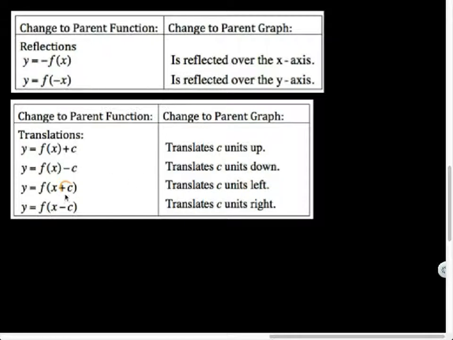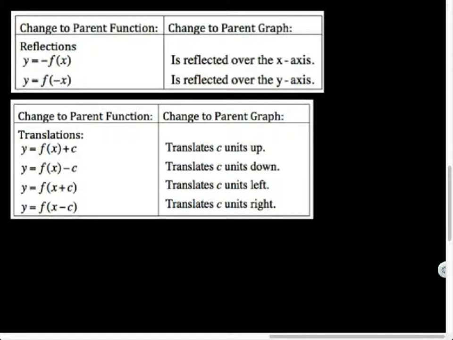So notice that this is positive. Left we usually associate with negative, because the negative x-axis is over on that side. And if I'm subtracting c from the x before the function occurs, then it's a horizontal shift to the right. Am I right?